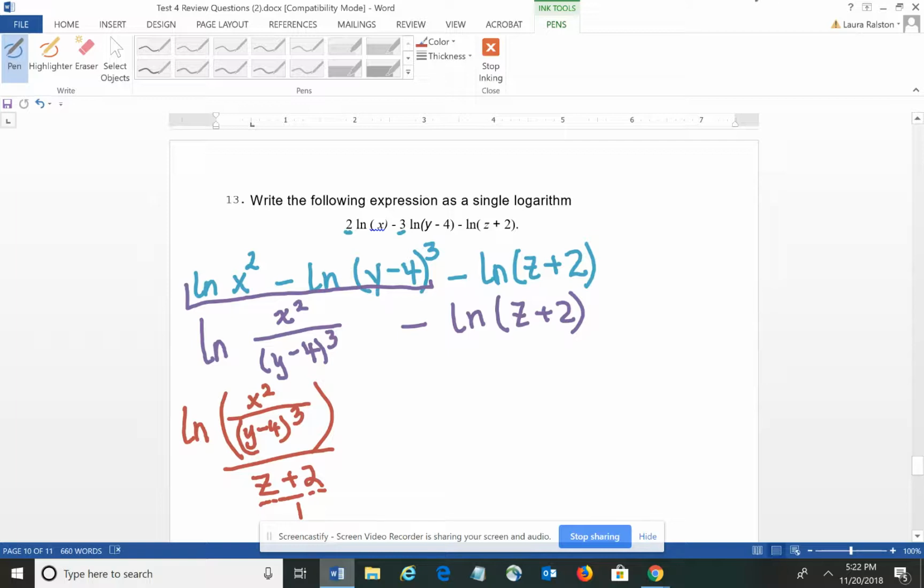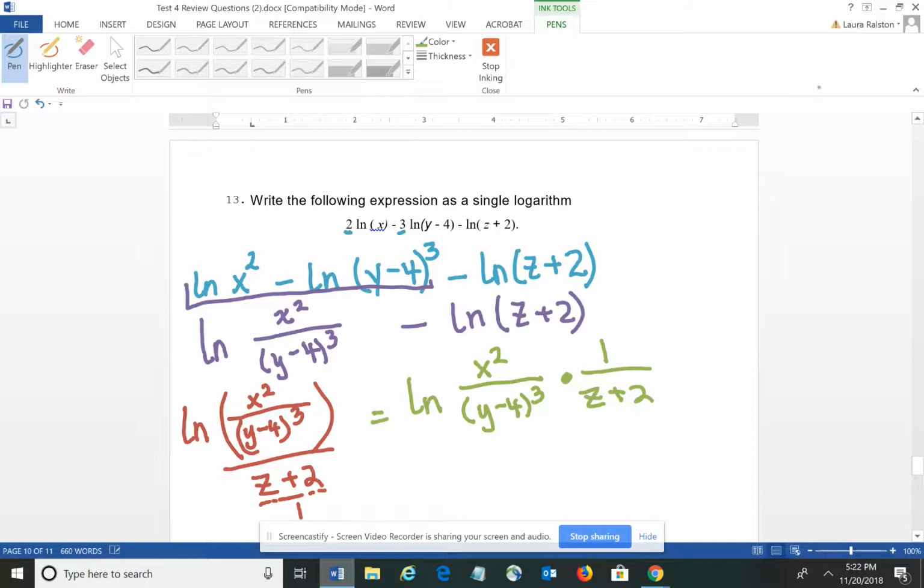We rewrite the division as multiplication, flip and multiply, so it becomes 1 over (z plus 2).